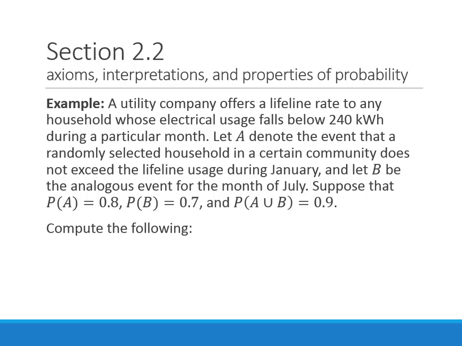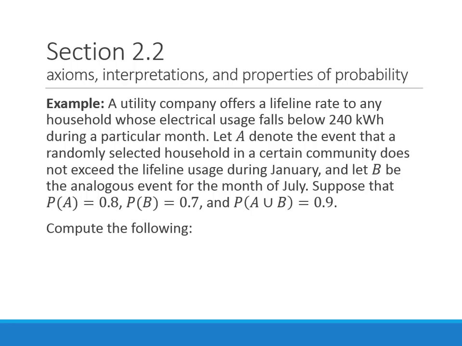And so let A denote the event that a particular household in this community does not exceed the lifeline usage during January, and let B be the same thing, that they don't exceed the 240 kilowatt hours in July. We're just going to throw some numbers at you, assume that these are true.